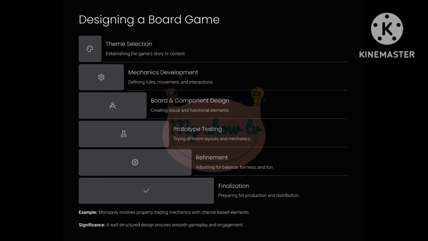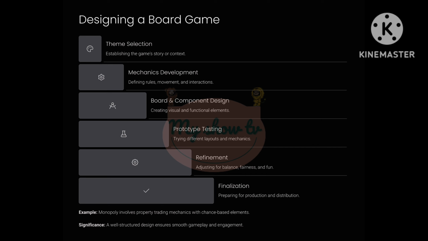6. Finalization. In this step, the game is prepared for production and distribution. This includes polishing artwork, writing clear instructions, and ensuring components meet quality standards. Example: Monopoly's finalization involved branding, creating iconic pieces like the car token, and balancing game duration. 7.